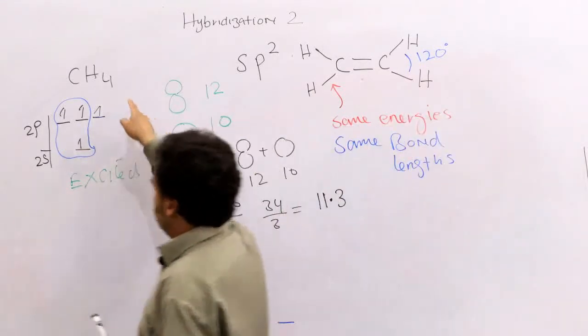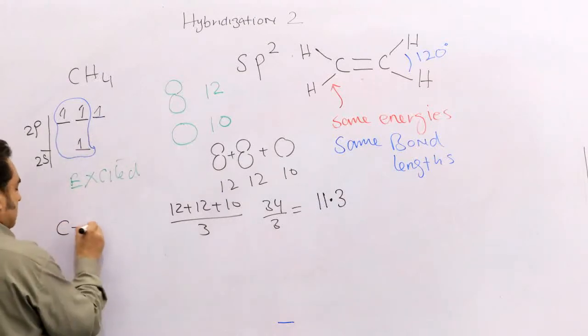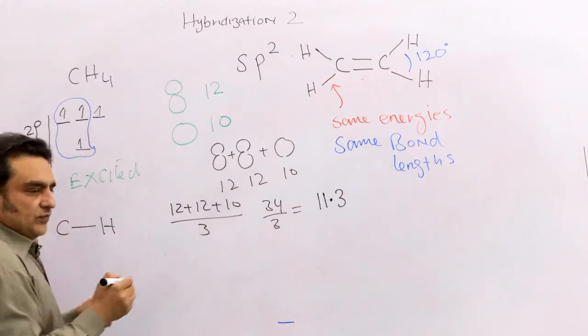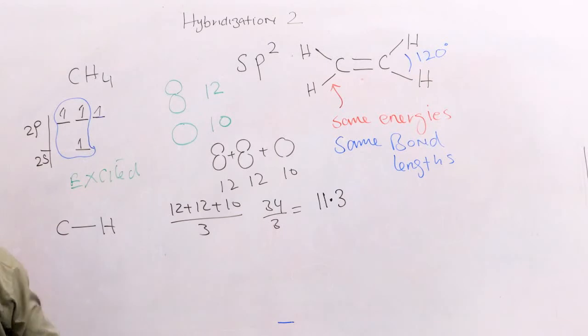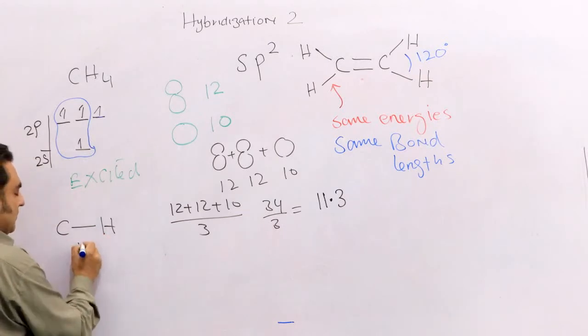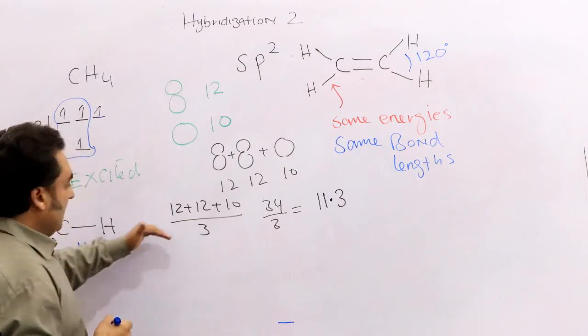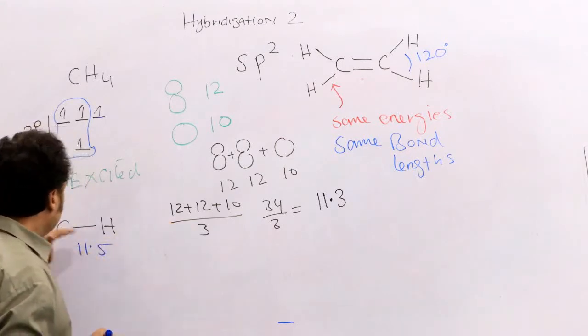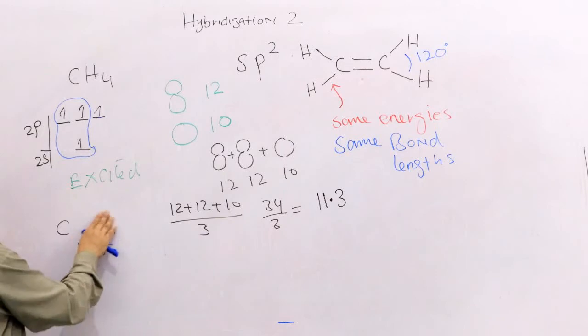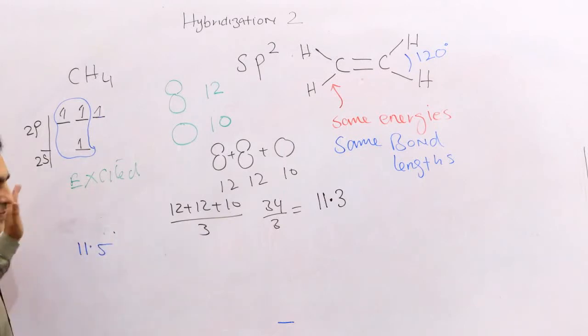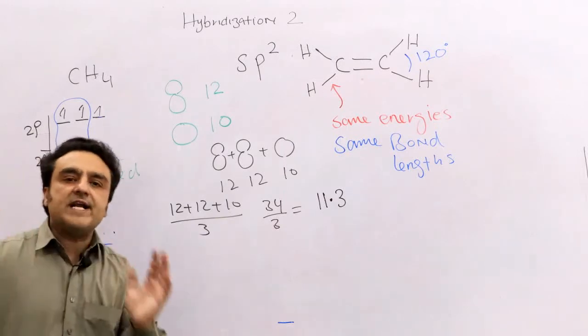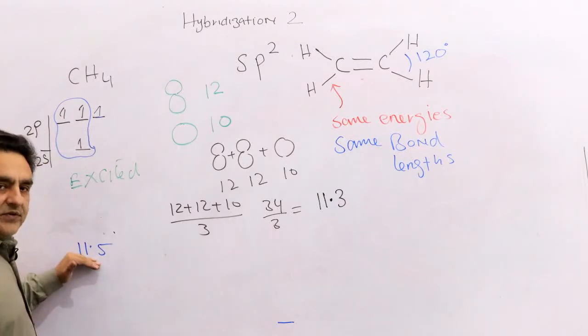So what was the energy of the C-H sp3 bonds? In the previous video we saw that it was 11.5.